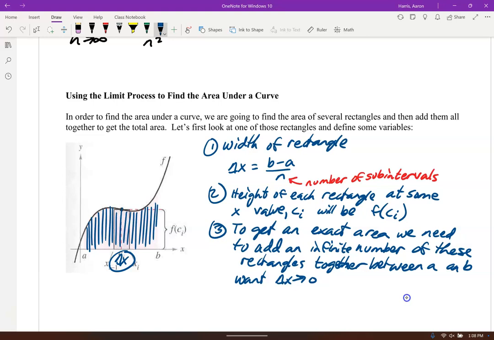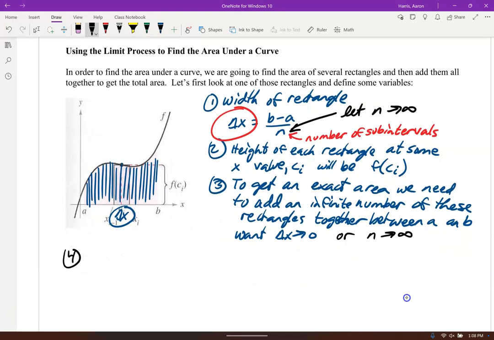Well, as delta x goes to 0, if I want delta x to go to 0, then what I'm going to do is let the number of subintervals go to infinity. That will cause it to go to 0. So it's a limiting process here, right? So we want delta x to go to 0 or the n to go to infinity, right? The number of subintervals to go to infinity.